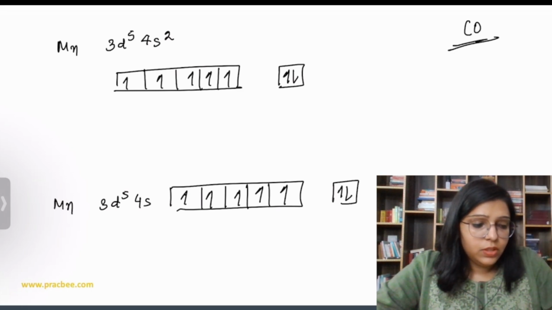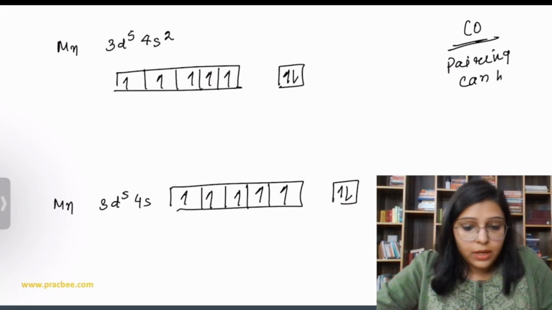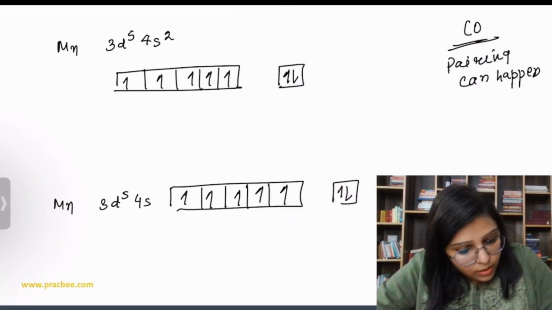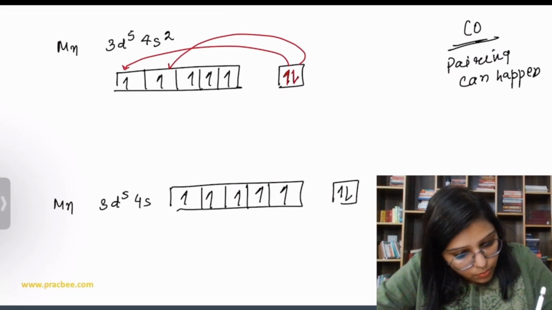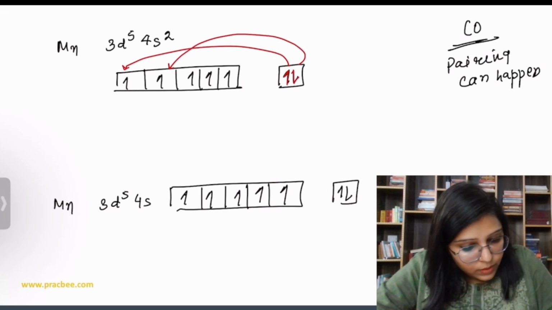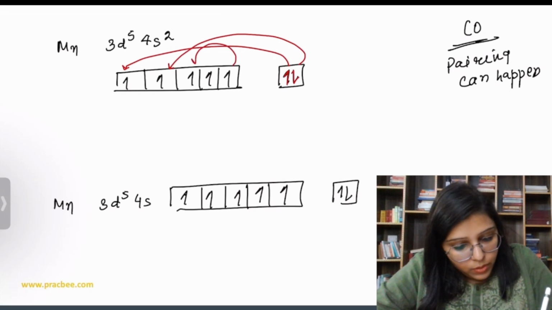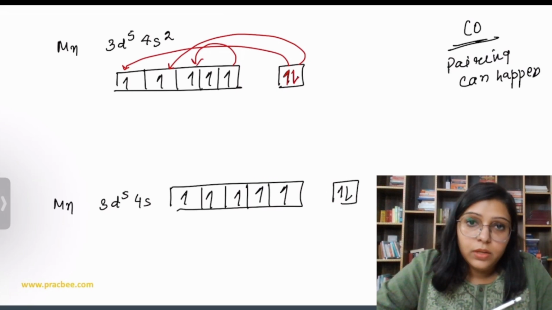In the presence of CO, pairing can happen. So for pairing, what happens? One electron of this is going to pair up over here, one electron of this is going to pair up over here, and one electron of this is going to pair up over here.